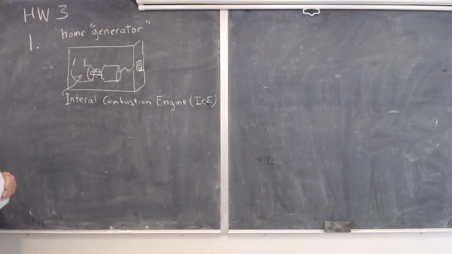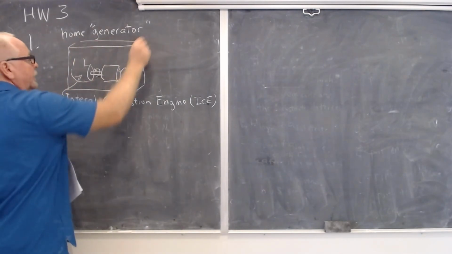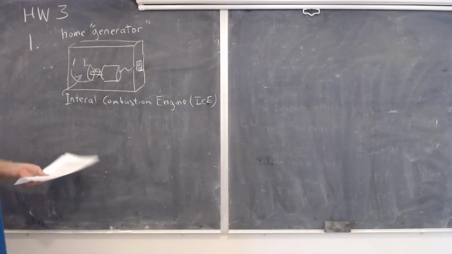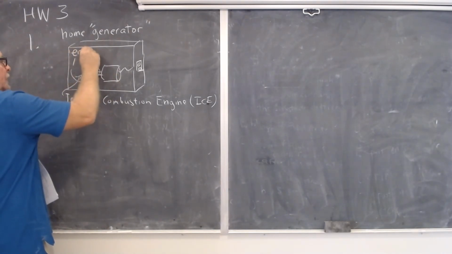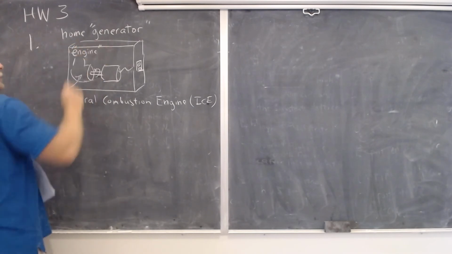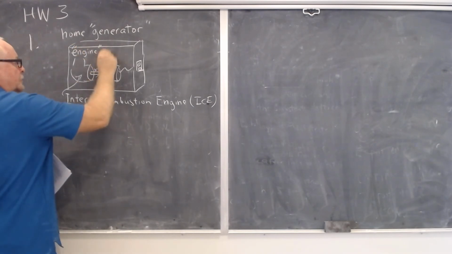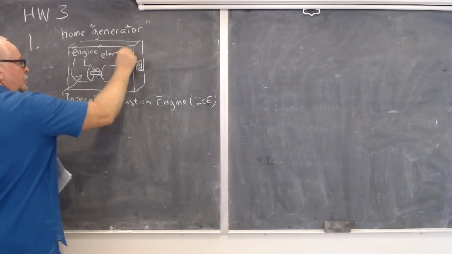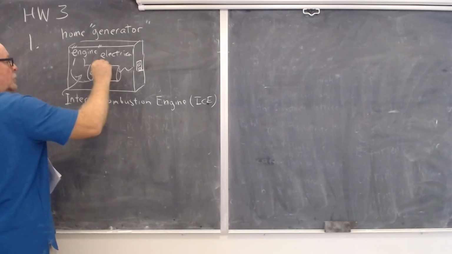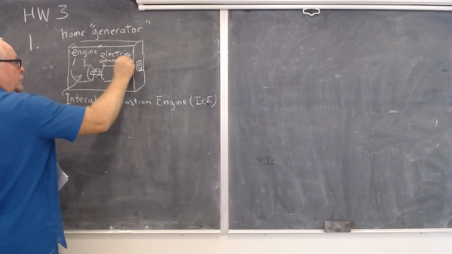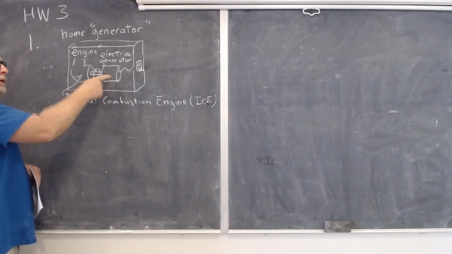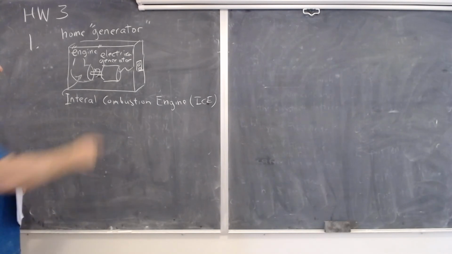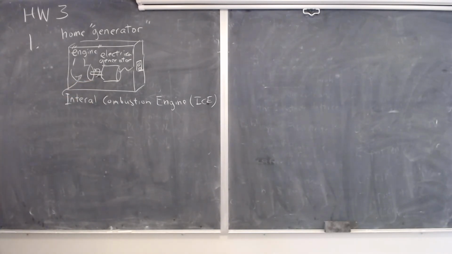And so this is a handy thing to have if the power goes out or anything like that. It's roughly shaped like a box, and the whole thing is called a generator, even though this is the engine, so to speak, and this is the electrical generator. And so, technically speaking, this is the generator, and it's being run by or driven by the engine inside the whole thing, which we're calling a generator.